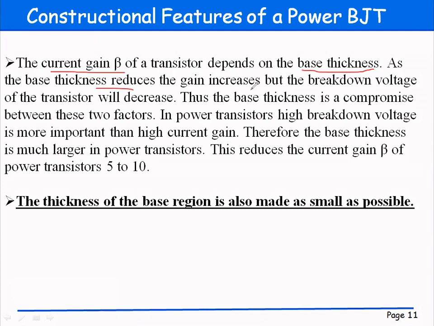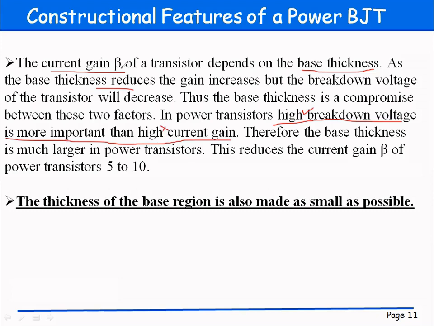But the effect of that is that the breakdown voltage of the transistor will decrease. So in a power transistor, high breakdown voltage is more important than high current gain.